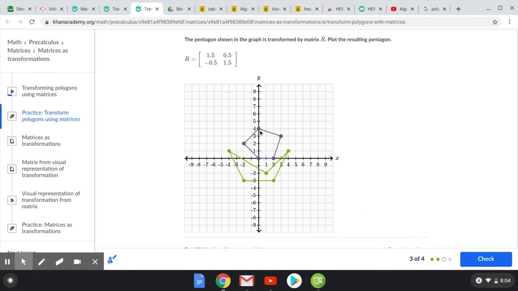I'm going to make a matrix out of all of the points. I'm going to multiply the matrices together. So this time I don't have any zeros, so it would take a little longer to do. But it's the exact same idea of making a matrix out of all of the points and then multiplying it by the transformation matrix and then plotting those new points.